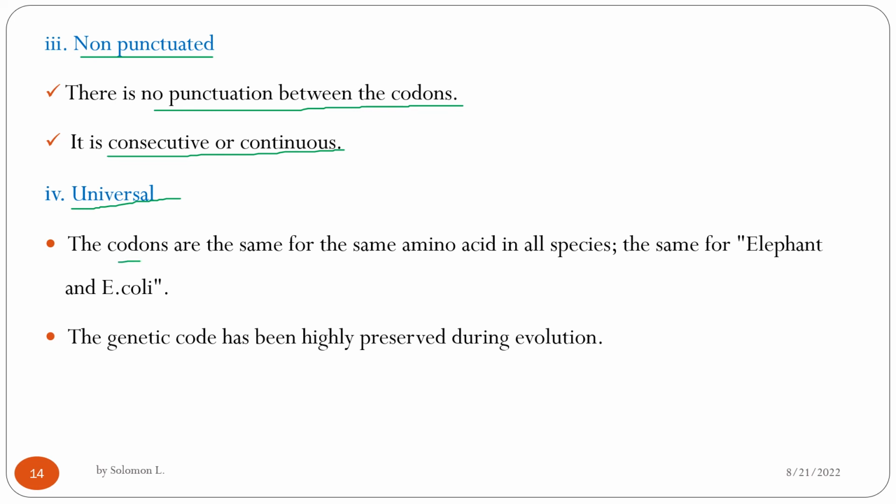The same codon codes for the same amino acid in all species, whether elephant or Escherichia coli, plant or animal. Therefore, it is believed that the genetic code has been highly preserved during evolution.